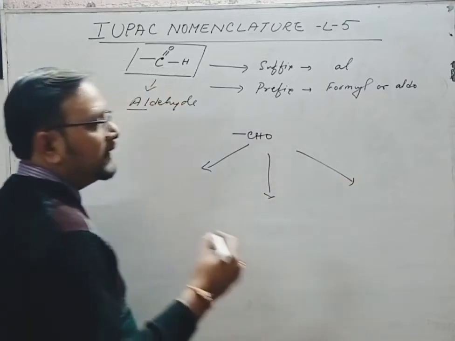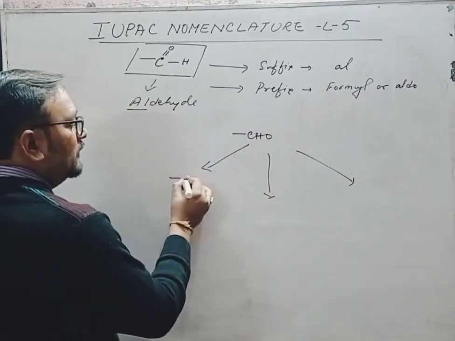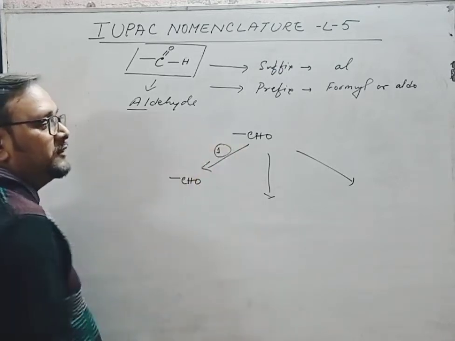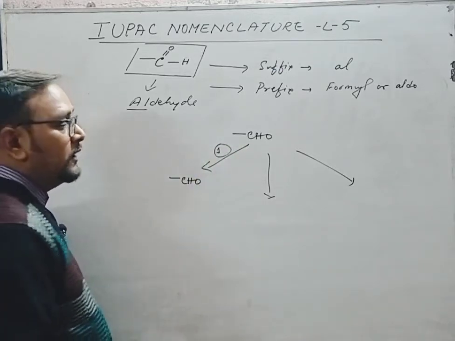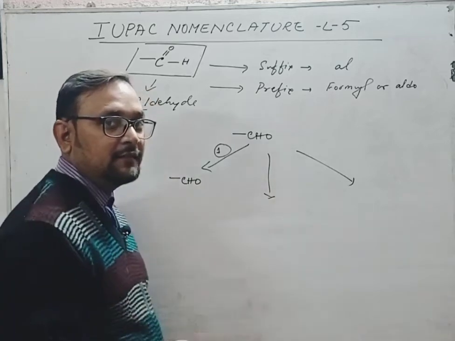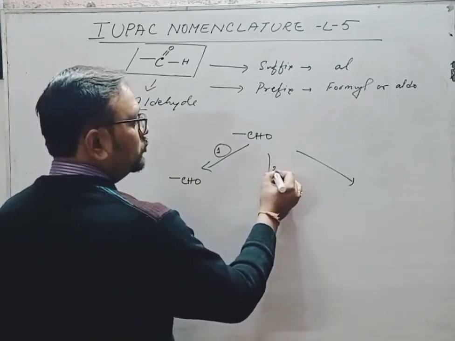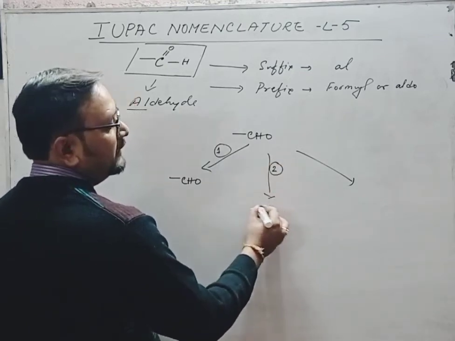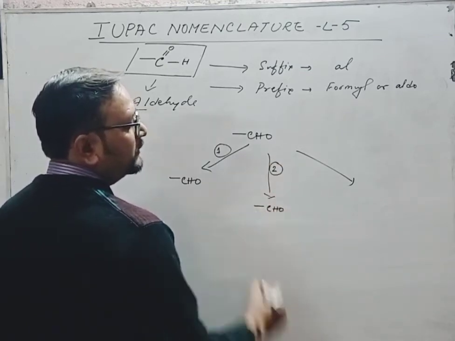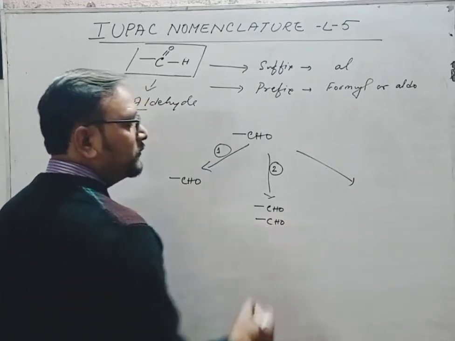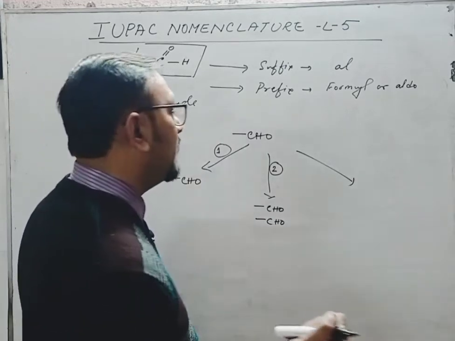If you are in class 10, then the first one, that is only one CHO, is enough for you. But if you are in the higher classes, especially 11, 12 and the senior students, if two aldehyde groups are there, then there is another rule you need to keep in mind.